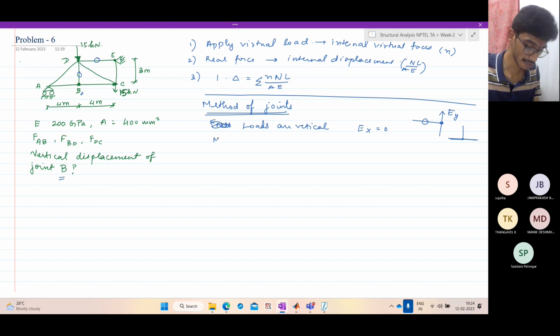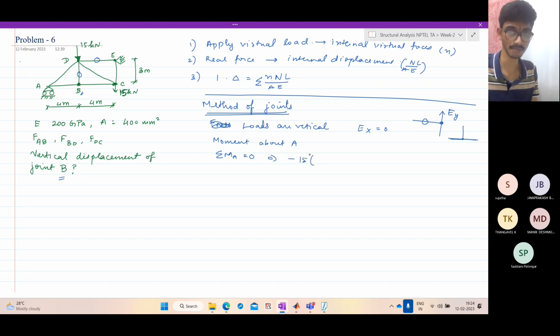So let's take moment about A. We get sigma M_A equal to 0. The reaction at A will not contribute, which means minus 15. Pay attention to the sign because it is clockwise. Minus 15 into 4, minus 15 into 8.